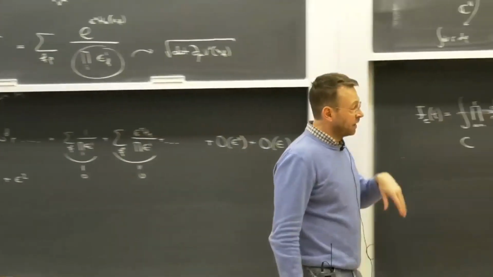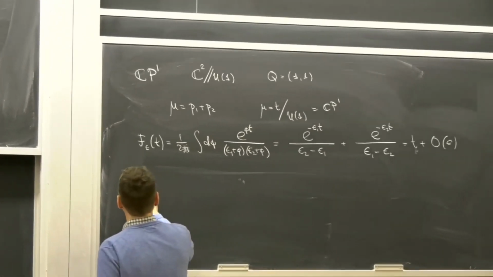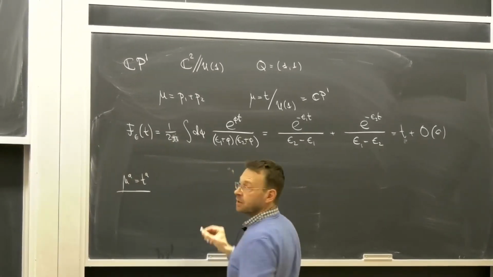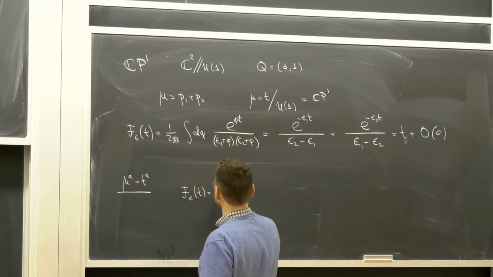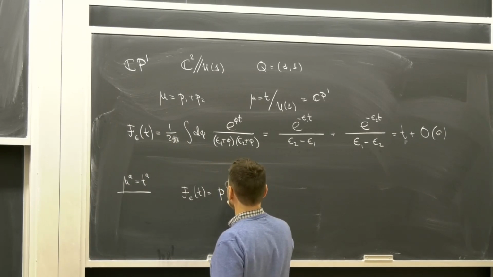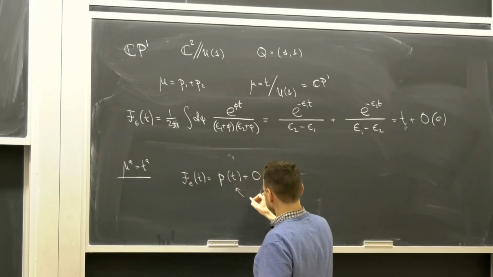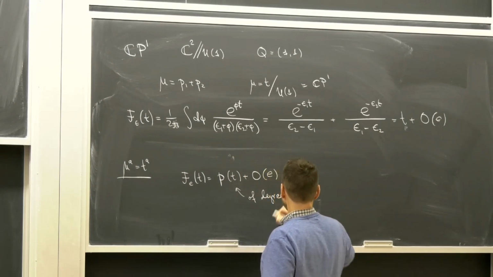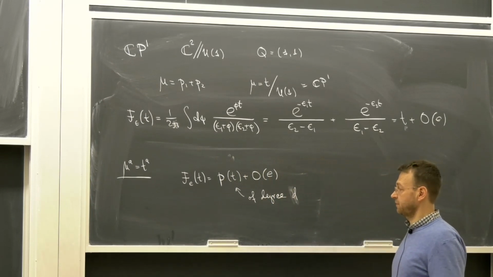Okay. So in principle, if I start to look at more complicated cases, when I have many moment maps, etc., then this will be a very complicated function. But the important thing is that this will basically start from some homogeneous polynomial of T plus terms of order epsilon. And this homogeneous polynomial will be of degree d, which is just the complex dimensionality of the manifold.